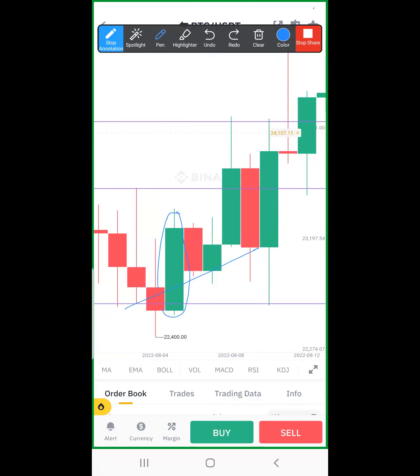Doctor, that day the buyers overtook the sellers. The Bitcoin, so it was a bullish day. It was a bullish day, wonderful. The Bitcoin opened when the price was here. Yes, it was pushed a little bit below, but the buyers were many. They pushed this Bitcoin up to this level.